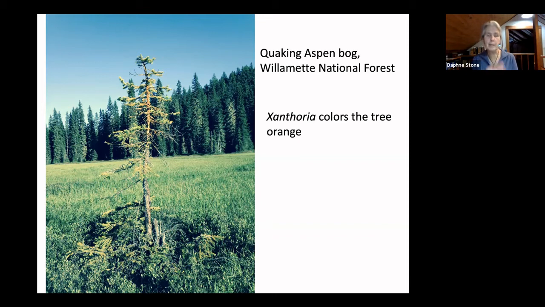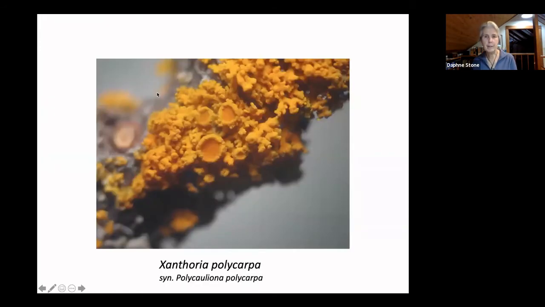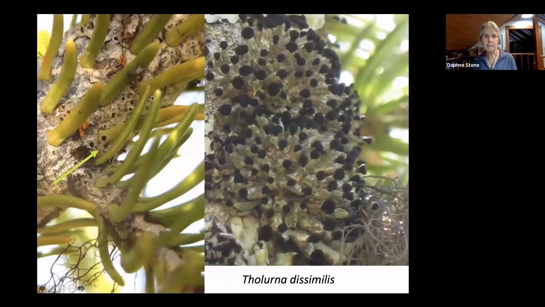And somebody got on somebody else's shoulders and reached up to the very top of this tree, way up here, and took some pictures by holding his camera up above his head. And there's the orange Xanthoria. And this is what he found.